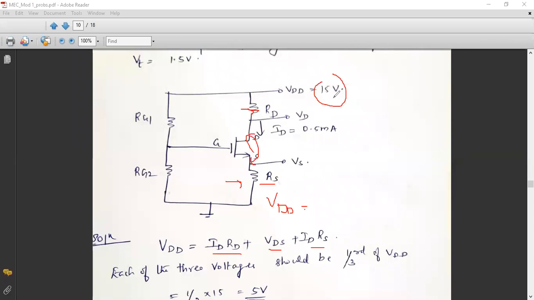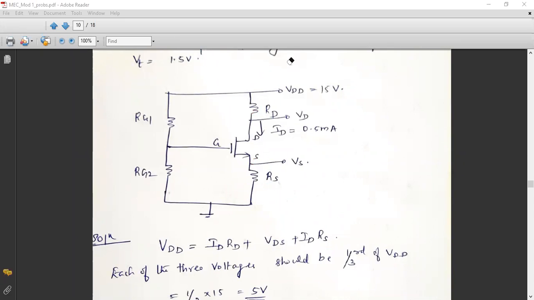This 15 volt is divided equally among these three, so I take 1/3 of VDD, that is 1/3 into 15, which is 5 volt. So we have an equal voltage of 5 volt across RD, across RS, as well as across the drain and source terminals. Clear?